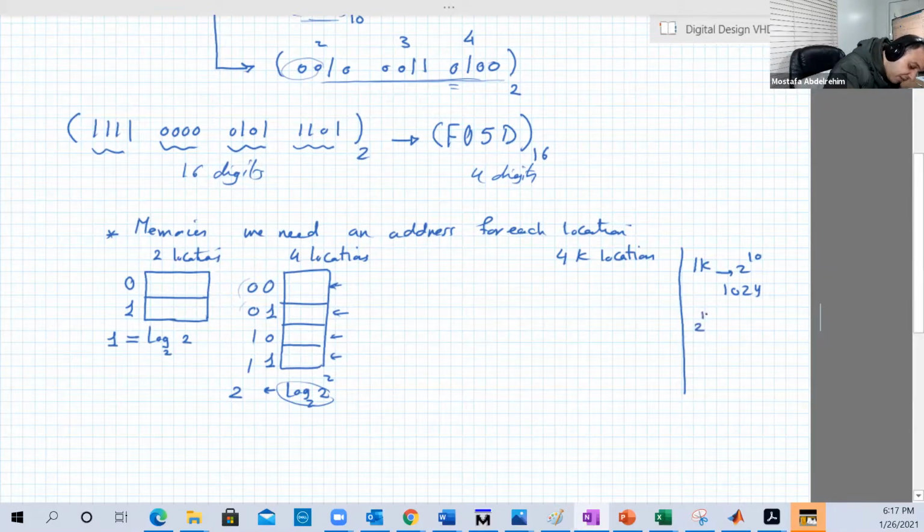Okay, 2 to the power 11 is actually 2 to the power 10 multiplied by 2. So this will give us 2048. This is 2K. How about if we multiply 2 to the power 11 by 2? It will give us 2 to the power 12. And this is 4096.